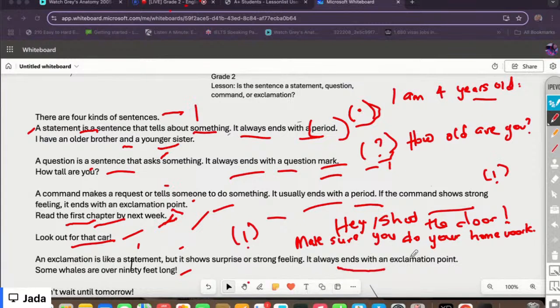It always ends with an exclamation point. This is the exclamation point. So remember that. When we have an exclamation, it shows a surprise or strong feeling.